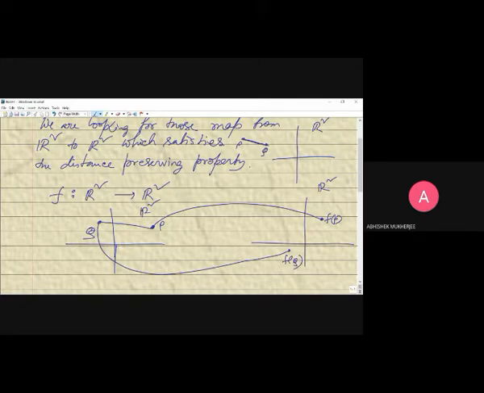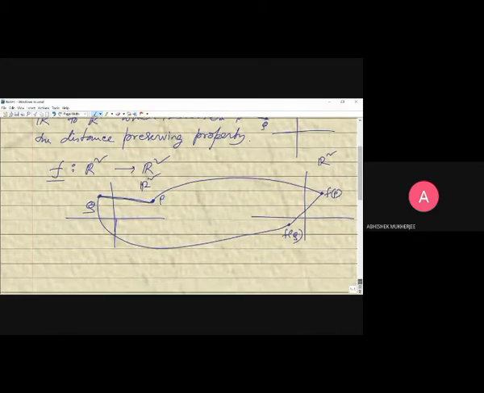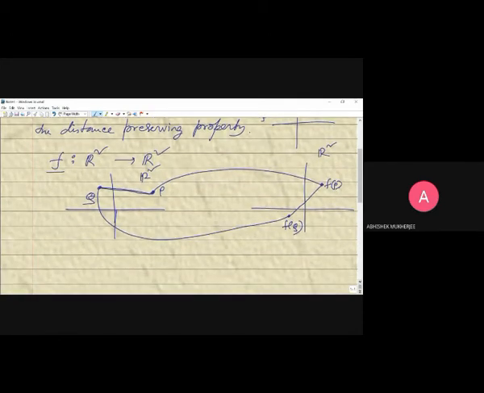Now it satisfies the distance preserving property means the distance between FP and FQ will be equal to the distance between P and Q. And it will be satisfied by F for all pairs of points P, Q in R2. So this is called the distance preserving property.